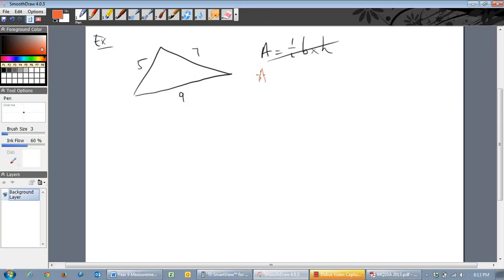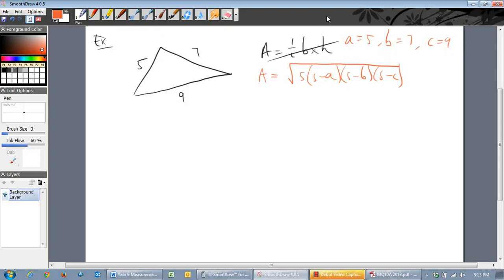So Heron's formula tells us the area is equal to the square root of S times S minus A, S minus B, S minus C. Let's just write down what we know. A is equal to 5, B is equal to 7, C is equal to 9. It doesn't matter which order you do this in, by the way. B could be 5, A could be that, whatever.